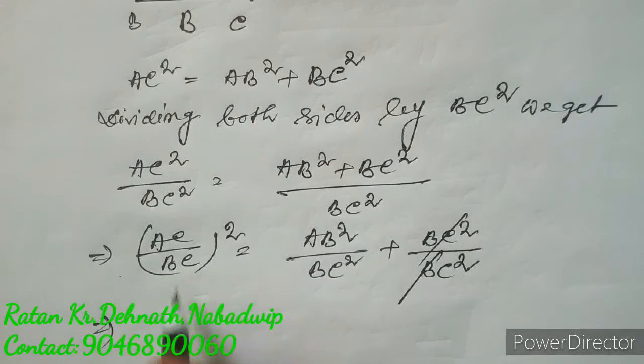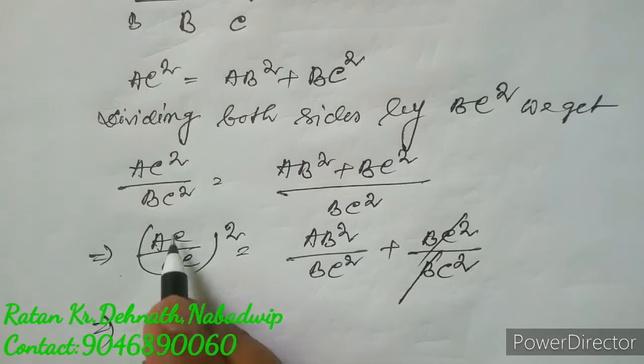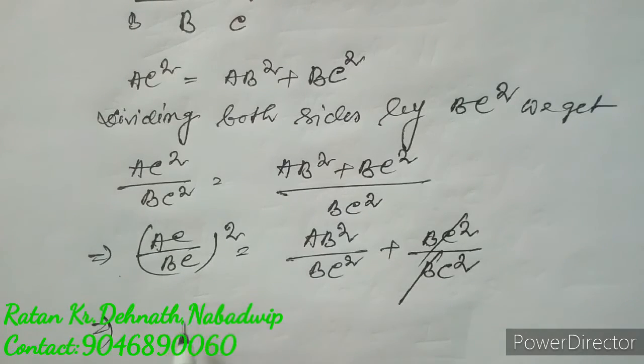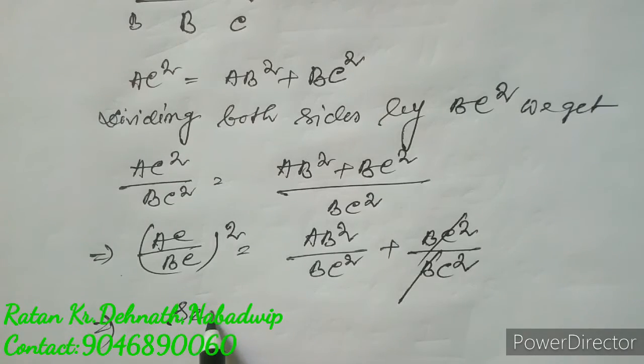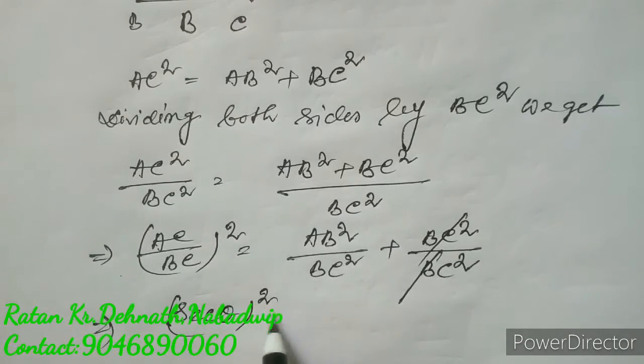So AC by BC means hypotenuse by base whole square. Hypotenuse by base means sec theta. So sec theta whole square.